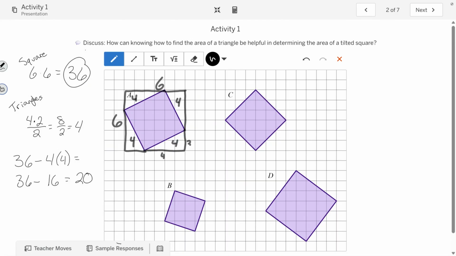So our area here is 20 units squared. I know it's kind of hard to read my writing on here, but 20 units squared. I'm just going to write that in a slightly different way: 20 square units.